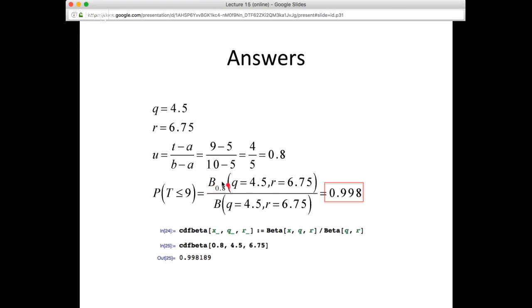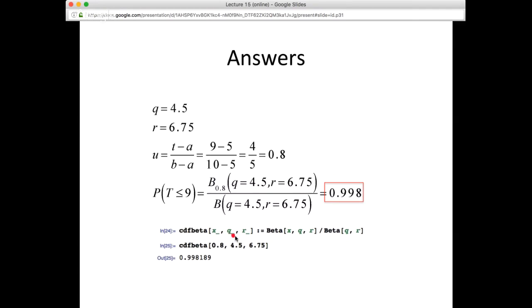So the incomplete beta function is going to be evaluated for u equal to 0.8, q equal to 4.5, and r equal to 6.75. And then accordingly, the beta distribution is going to be evaluated at those same two values of q and r. And here I've written a little script for Mathematica in which I've defined this function, CDF beta, in which x, q, and r are variables that we're going to pass values to.